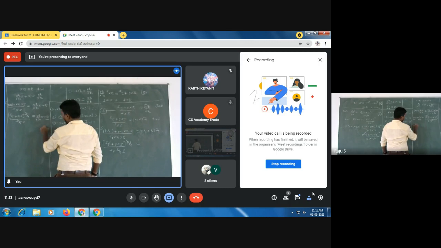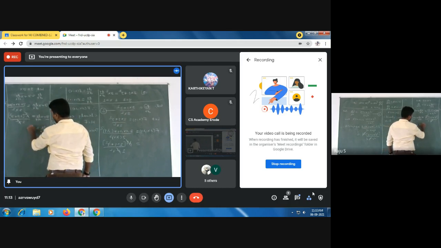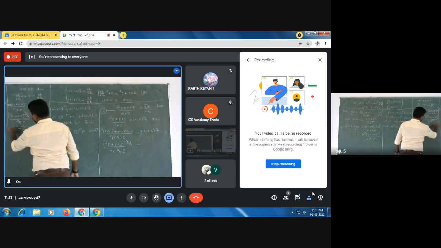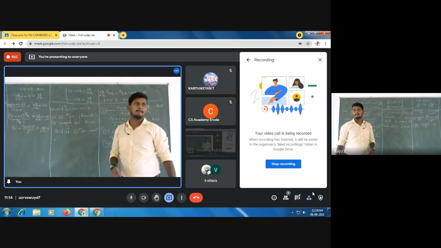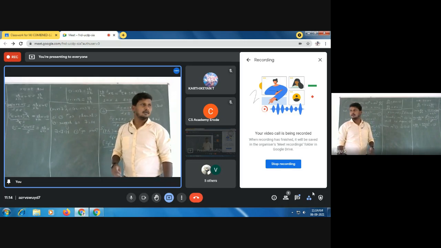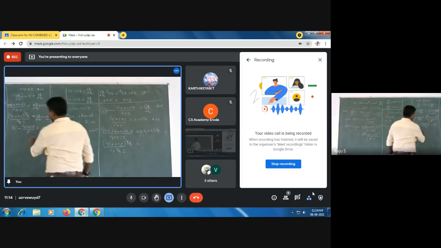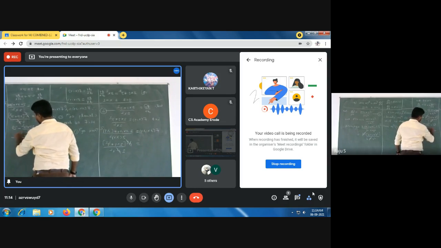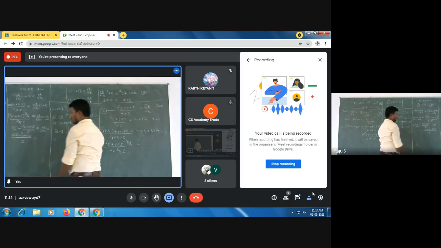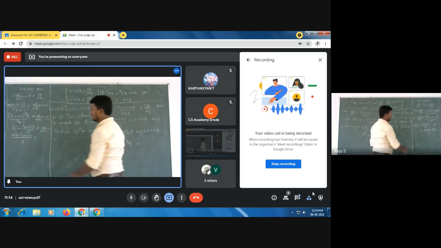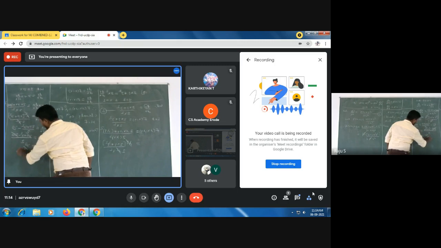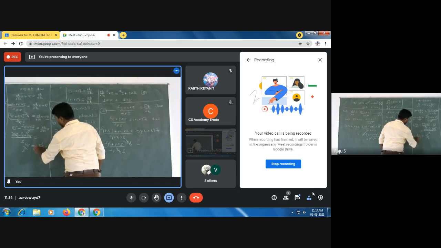So x dv by dx is equal to 2v plus v square by 2 minus v. Take LCM and simplify: 2v plus v square minus 2v. Shall I cancel 2v and 2v? So the remaining on the right side is v square by 2, and the left side is x dv by dx.